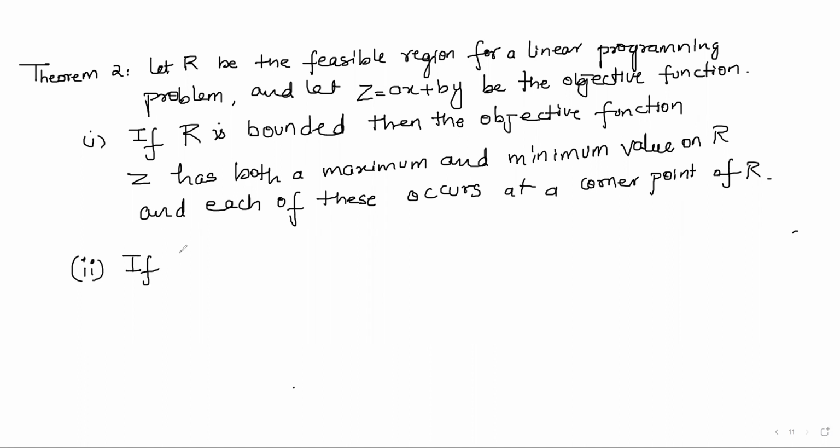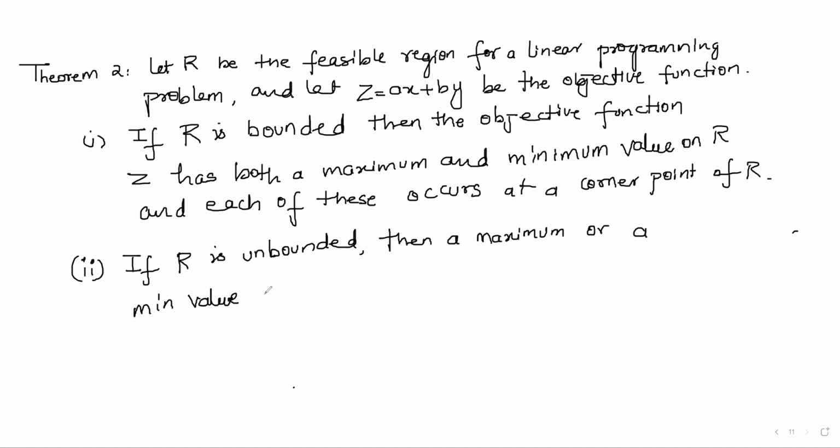If R is unbounded, then a maximum or a minimum value of the objective function may not exist.